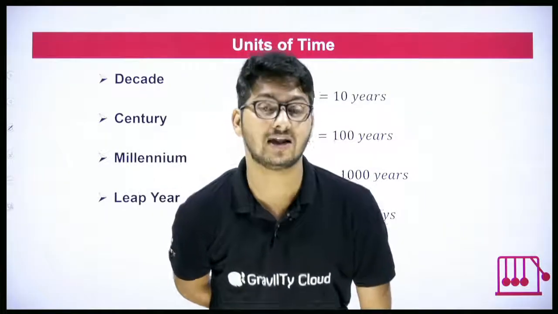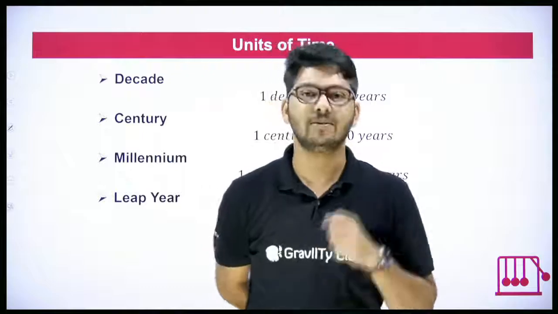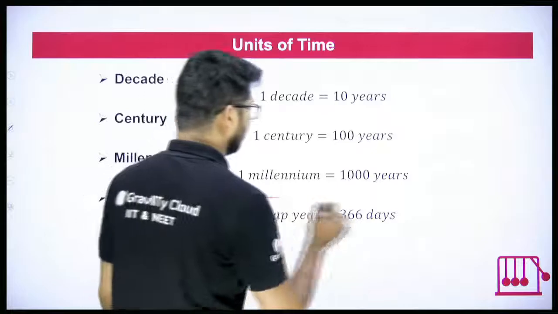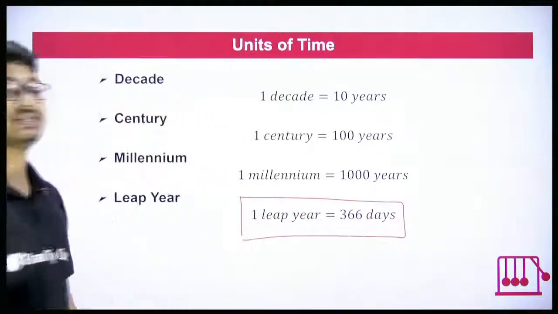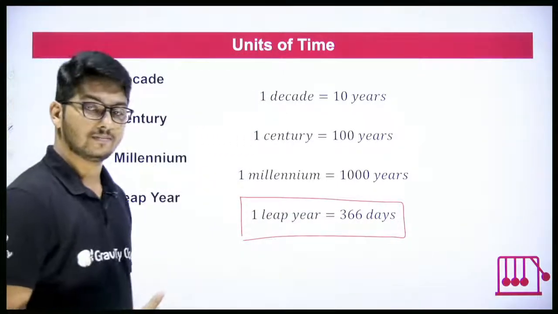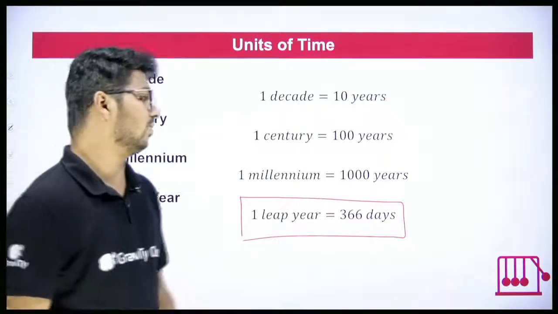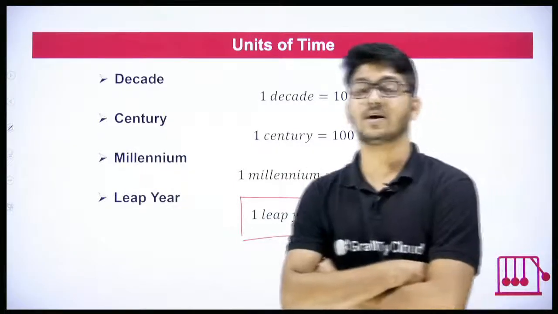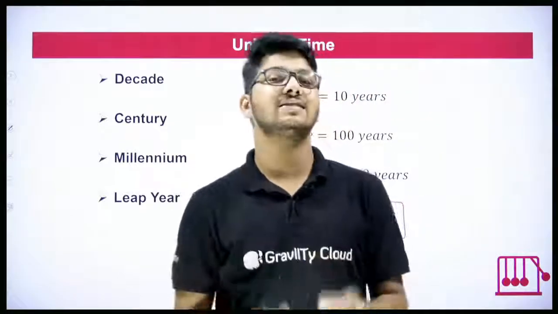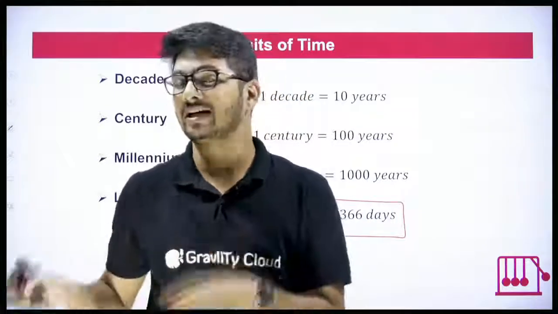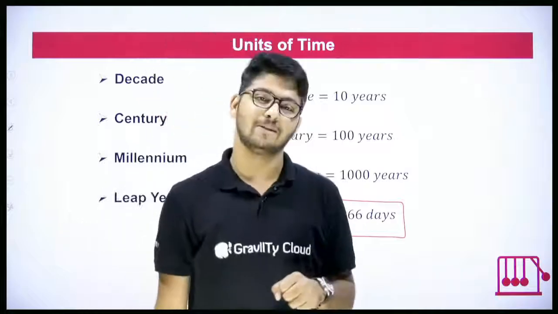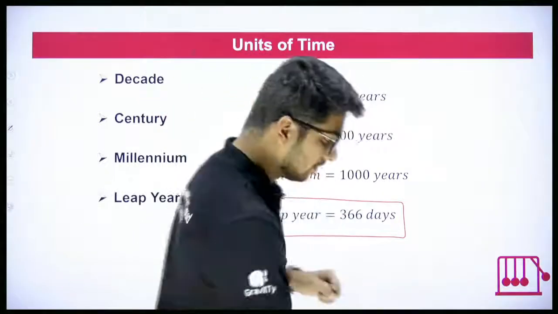What is that year called? That year is called a leap year because you are adding 1 extra day. So 1 leap year is equal to 366 days. After every 4 years, you get 1 leap year. Every 4th year is a leap year. And what does 1 leap year mean? The specialty is it has 366 days, 1 extra day. Clear? Okay, that's good.